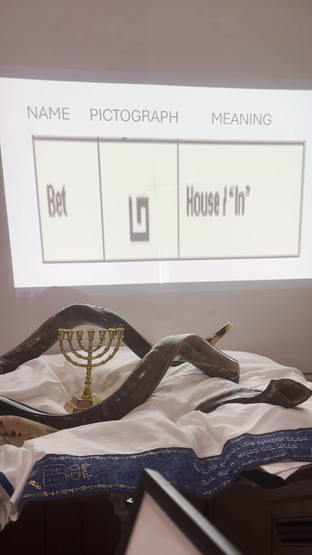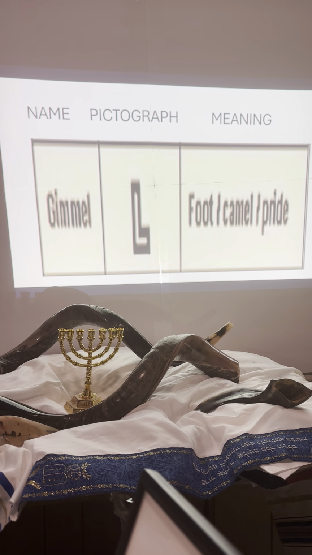Okay. Then we come to Gimel. The pictograph in the middle is the Gimel, and it means like a foot. It's talking about a camel, and it also means pride.